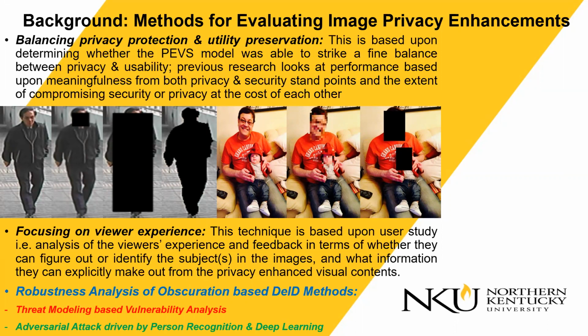Here researchers have tried to find the effectiveness of privacy-enhancing algorithms by subjecting them to different kinds of analysis, based on threat modeling in which they try to find vulnerabilities, and, probably the newest kind, by conducting adversarial attacks through person recognition and deep learning.